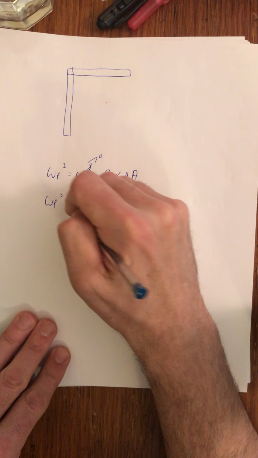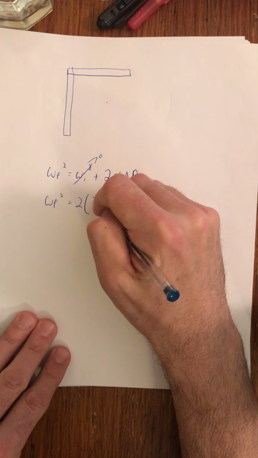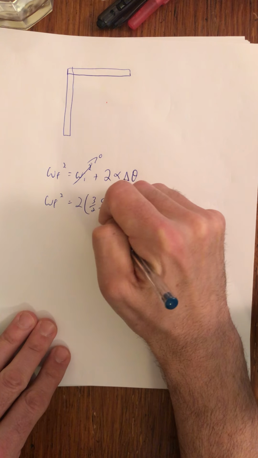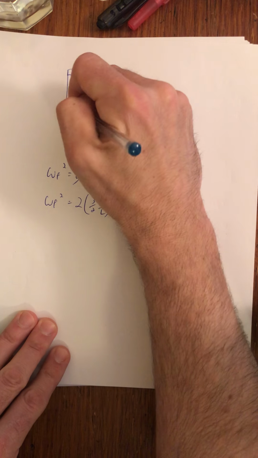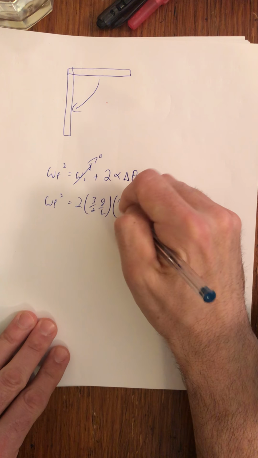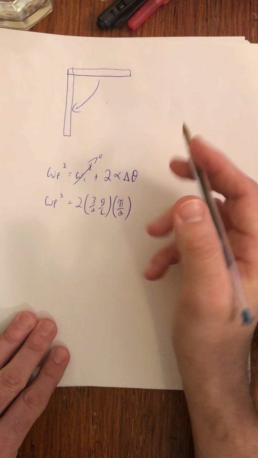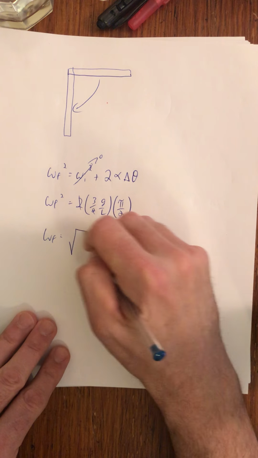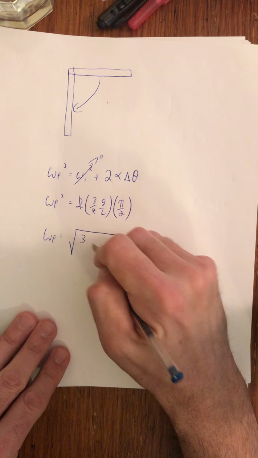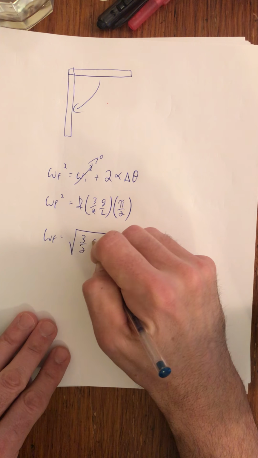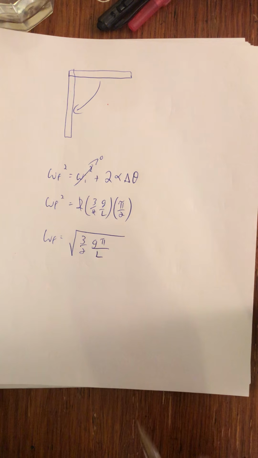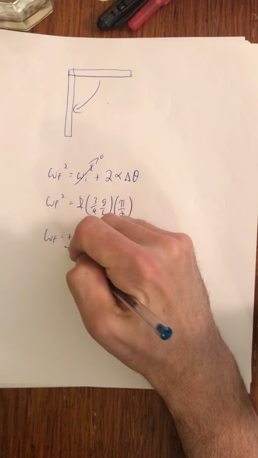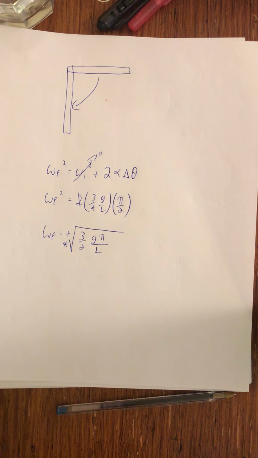Omega final squared is equal to 2 times alpha, which I said was 3/2 G over L, and delta theta, oh, well, that's how much it's swinging through. That swings through pi over 2, right? And so we can go, oh, half and half cancel. Omega final is equal to the square root of 3 halves G pi over L. Yay, done. Oh, plus or minus, excuse me, cross that out. Yay, I'm done, right?